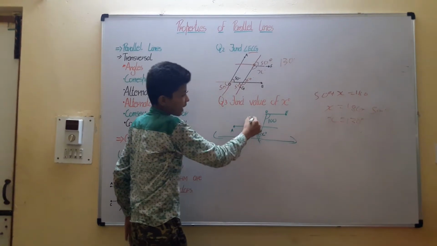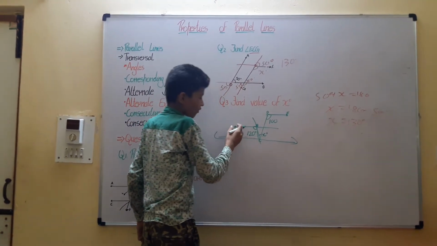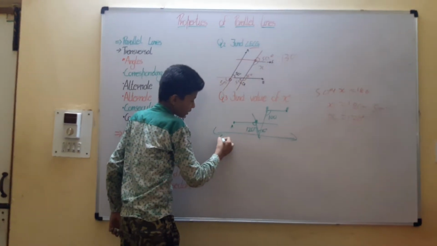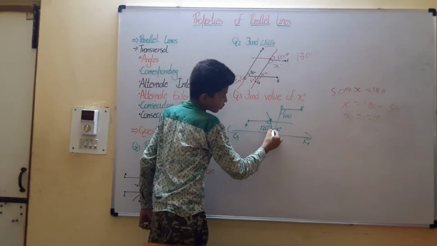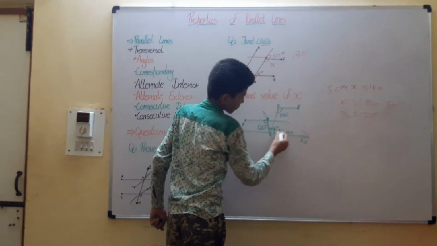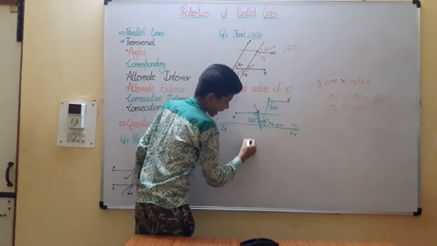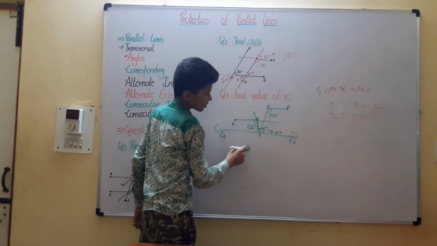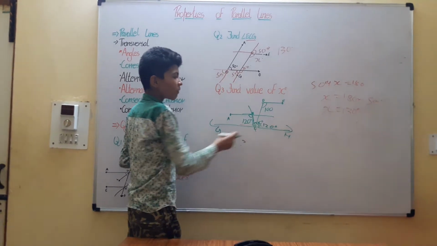When I draw this, BC becomes the transversal of the line AB, and name this GH. So this angle would be equal to this angle, which is also 120 degrees, because of the Z formation, including x.